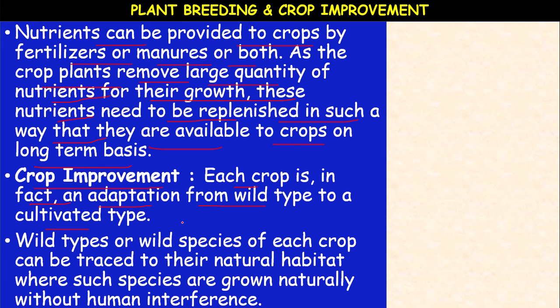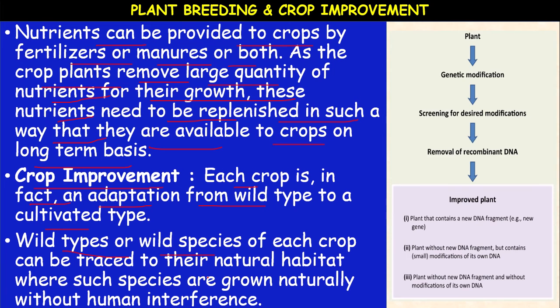The wild types or wild species of each crop can be traced to their natural habitat, where such species grow naturally without human interference. So, this is the way the improvement of the crop can be done.